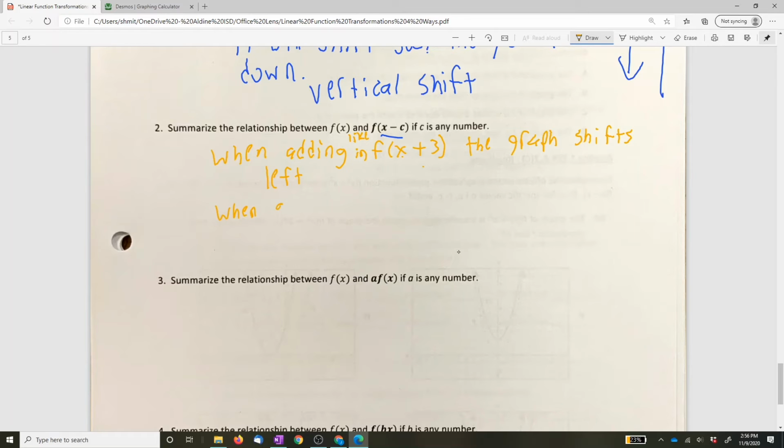When subtracting, as in f of x minus 3, the graph will shift to the right. When you do something inside the parentheses, a plus is going to shift the graph to the left, and a minus inside the parentheses is going to shift the graph to the right. And this is called a horizontal shift.